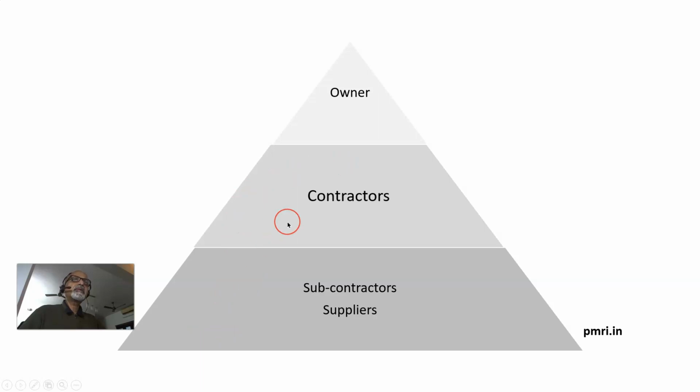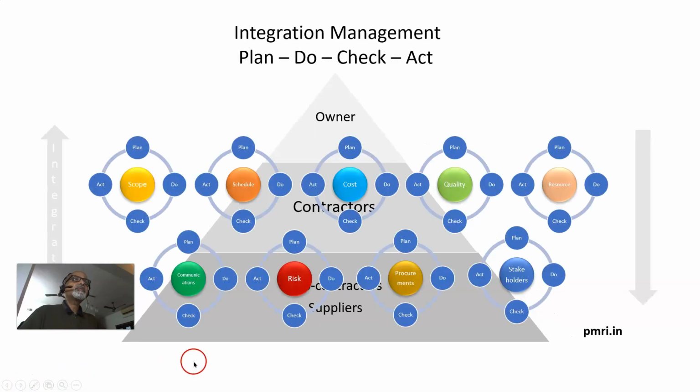We call it the integrated project plan. Then each subcontractor will have their own plan, and the suppliers will have their own plans. So when we superimpose these two things at every level, a supplier will have his own plan comprising scope, schedule, cost, quality, resource, communications, risk, procurements and stakeholder management.